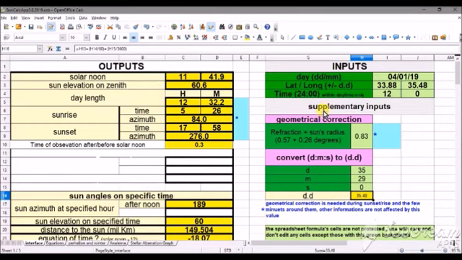The second part is supplementary inputs, like geometrical corrections. You shouldn't change these if you need the best or accurate results, but I just leave them here for experimentation, because they include the refraction and the sun radius. The sun radius is 0.26 degrees, and that's not where you measure the sunset and the sunrise.